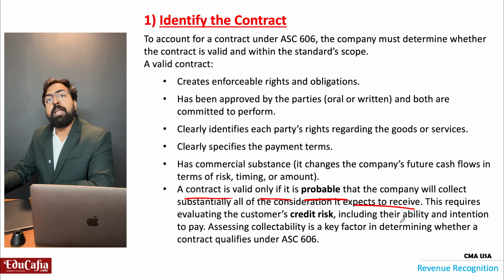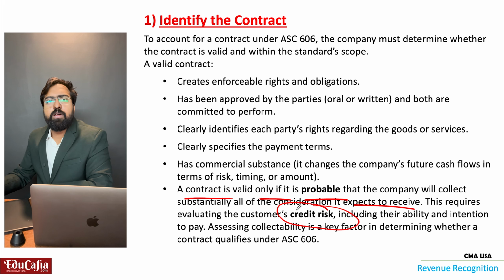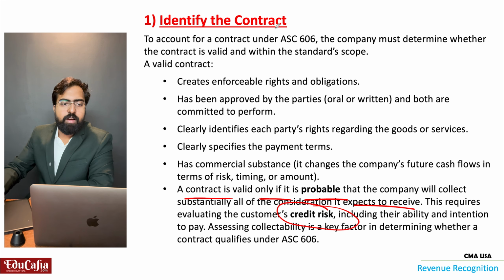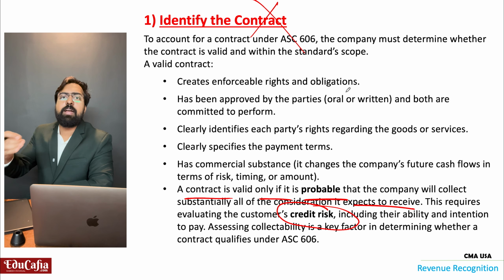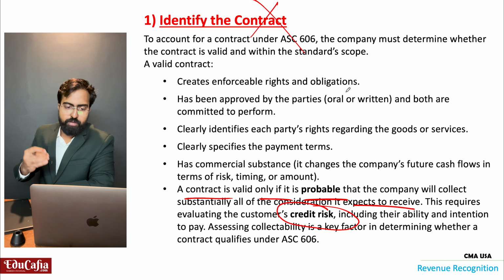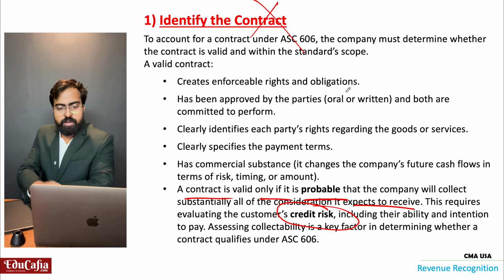How will we know that we will get the payment? We have to check the credit risk of the customer. If we understand the customer is not going to pay, then that is not a contract. There should be a probability that the customer will pay. For that we have to check the credit risk of the customer. If all these are there, then we can identify this as a contract.